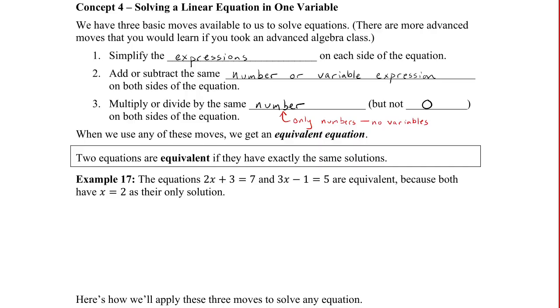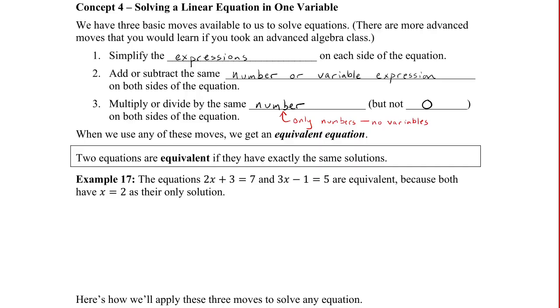Our ultimate goal is that we're going to get an equation that looks something like x equals 7. We know that that's only true when x really is 7. But we can use various sequences of these moves to get from one equation that doesn't look solved to another equation that doesn't look solved, and still have them be equivalent.